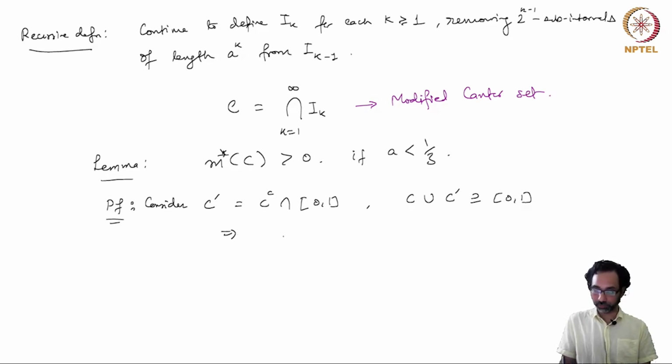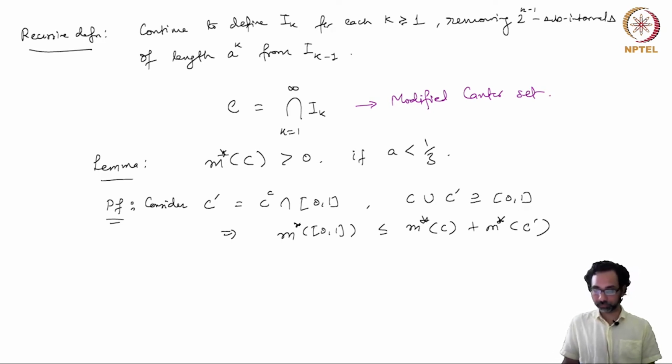So therefore by subadditivity we will have m star [0,1] is less than or equal to m star C plus m star C prime.